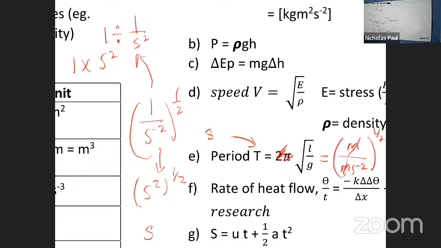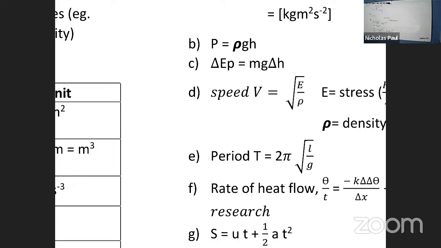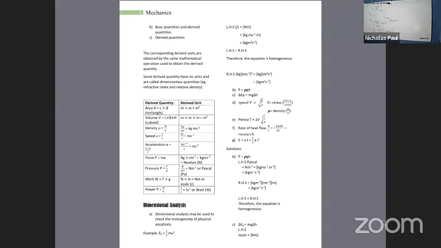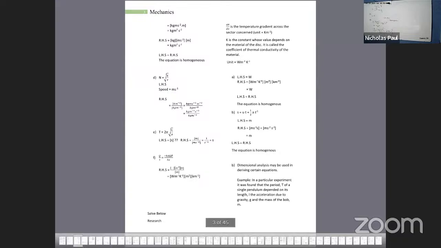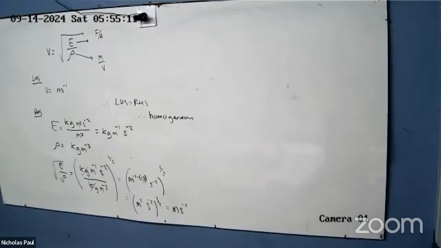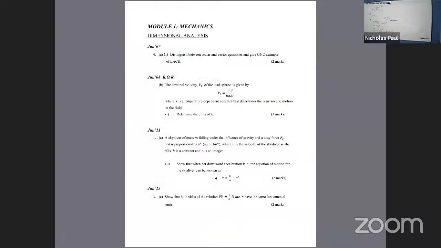All right. Let's try a little pass the paper. When you finish the document, send it forward.